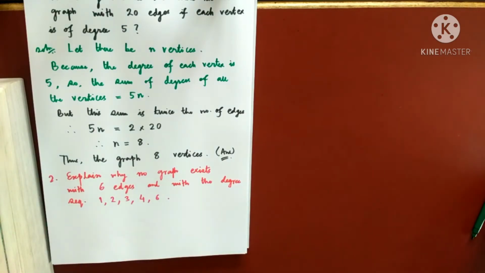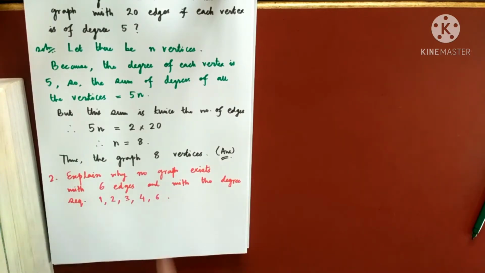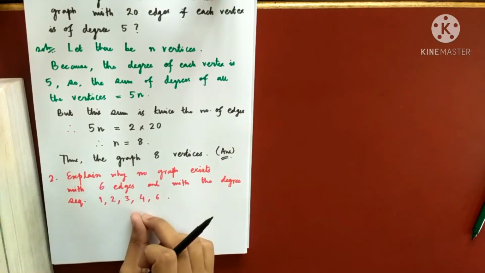So you have to explain why you cannot draw any graph which has exactly 6 edges and this degree sequence. Now, first of all, always check the sum of the degree sequence.